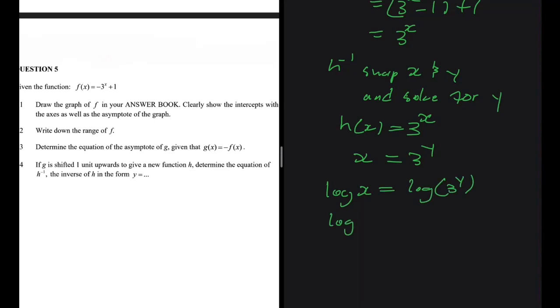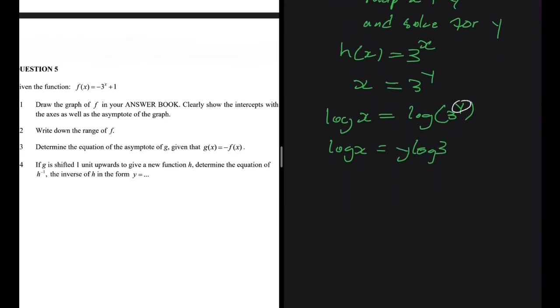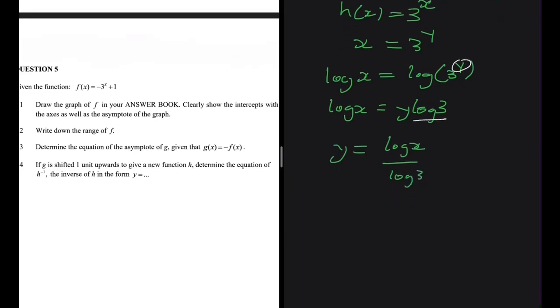If you introduce log, you can drop the exponent, so we have y multiplied by log of 3. We are allowed to do that if we have log. Then we divide both sides by log of 3, the coefficient of y, so that we can get the inverse. So y is equal to log of x divided by log of 3, which is just log base 3 of x.